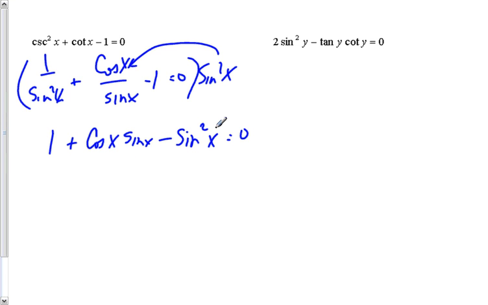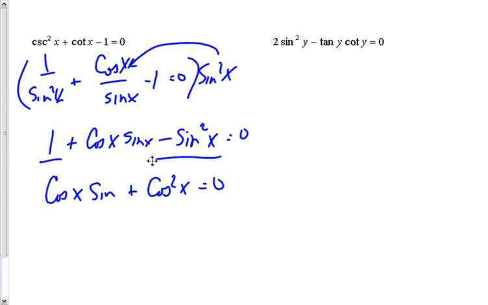Now I got sine of x, and the 1. That 1 is killing me because I can't factor. But here is a trick. 1 minus sine squared is something we do know. Whenever I see a 1 in it, it can disappear in terms of another one. That is actually cosine squared. And that's good, because if I have cosine squared x plus cosine x sine x equals 0, I can factor now.